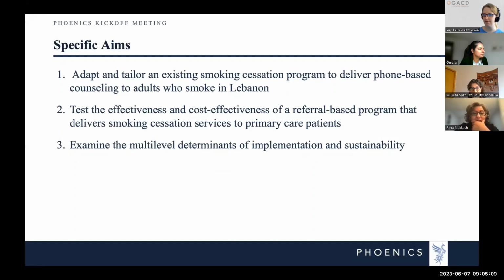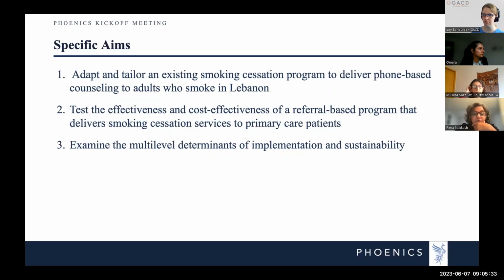This is a project that has just commenced, so I will not be giving details, but we are now in the phase of the first aim, which looks at understanding context to adapt and tailor the current existing smoking cessation program, specifically to deliver it as a phone-based counseling program to adults.